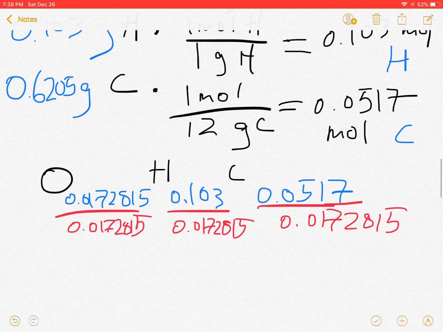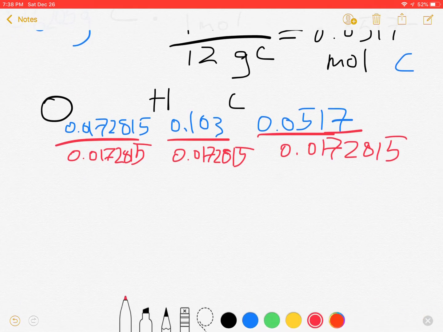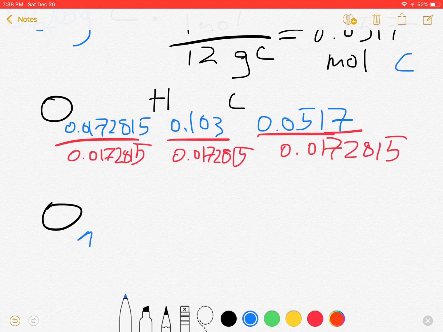And now that gets you oxygen is 1, hydrogen is approximately 6, and carbon is approximately 3.